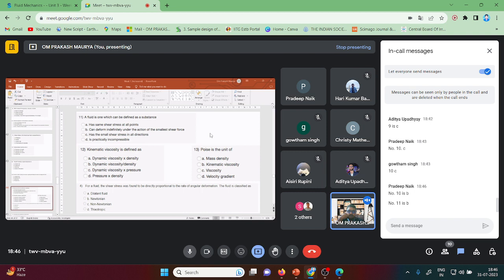Okay, for question number 11, Some Nike is saying option B is correct. A fluid is one which can be defined as a substance that can deform indefinitely under the action of a smaller shear force. Okay.